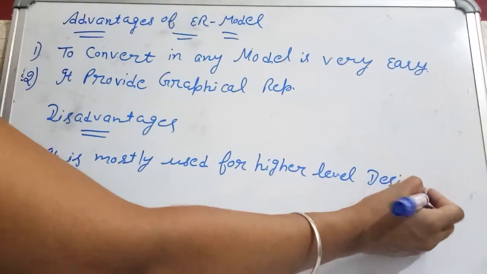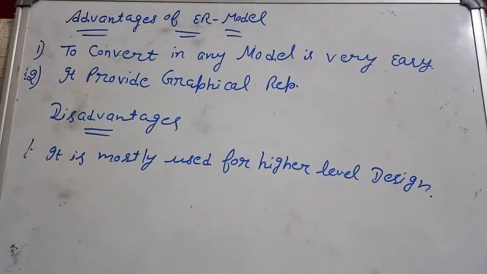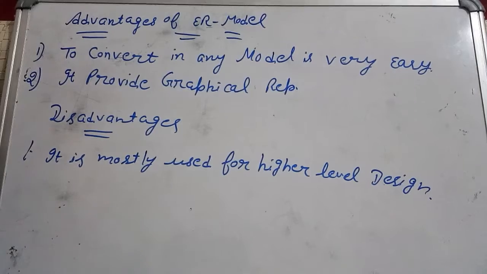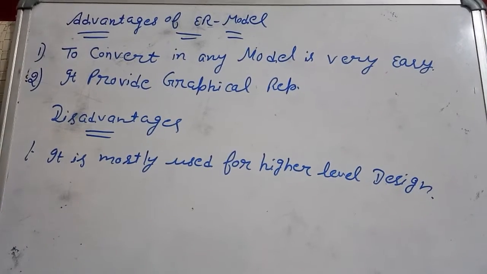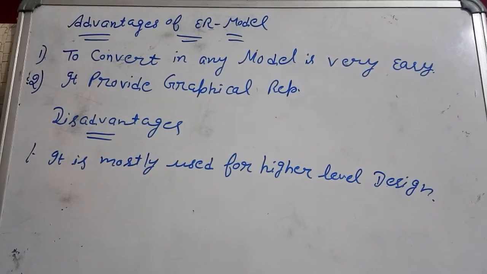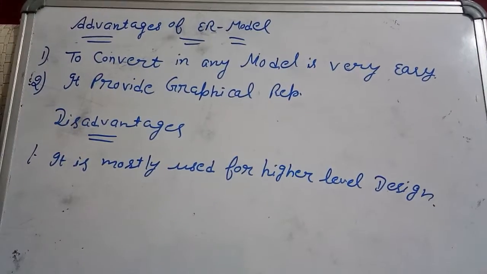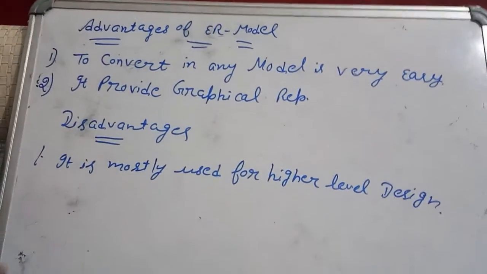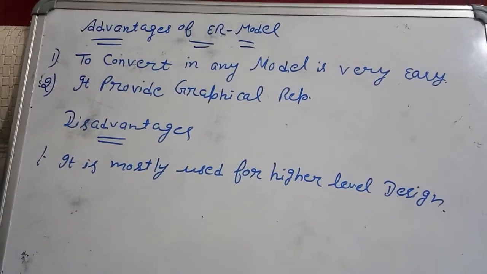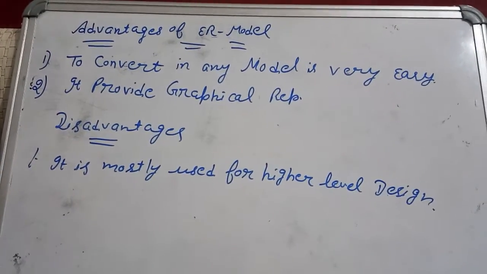Guys, ER model is a top down approach and normalization is a bottom up approach to identify the requirement of the system. ER model and normalization are both used by the database designer to design the requirement of the database. ER model is top down and normalization is bottom up.